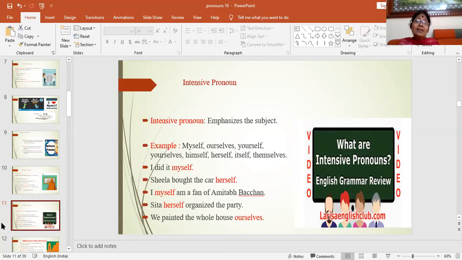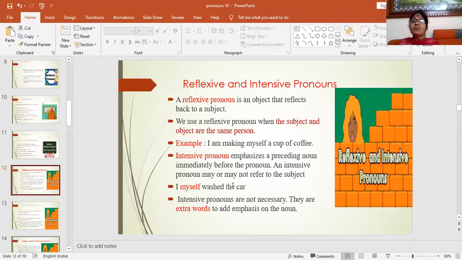Now, to have a clear understanding, what is the difference between reflexive and intensive pronouns when the same words are used? Let us just make it more clear. A reflexive pronoun is an object that reflects back to the subject. That is, we use a reflexive pronoun when the subject and object are the same, right?